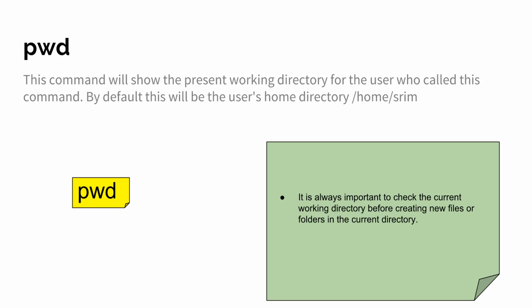For example, if you want to see the list of files, you want to make sure that you're currently in the right folder. You just type pwd and it shows what folder you are located in. By default, your home directory will be the default working directory. If you want to change it, you can do so using other commands that we will show you now.